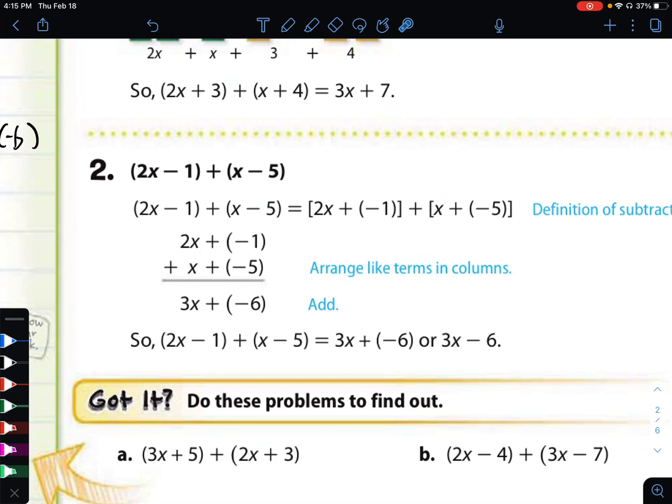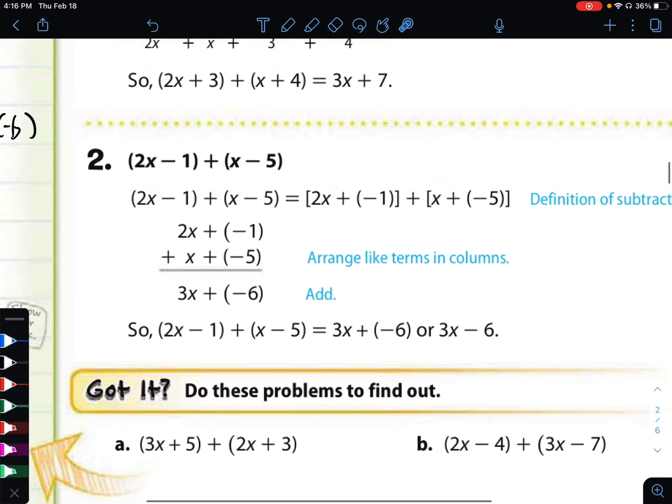So 2x minus 1 plus x minus 5 is the same as 3x plus negative 6. Again, using the definition of subtraction, 3x plus negative 6 is the same as 3x minus 6.